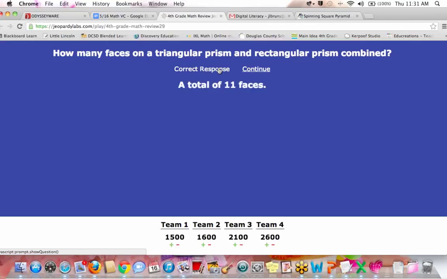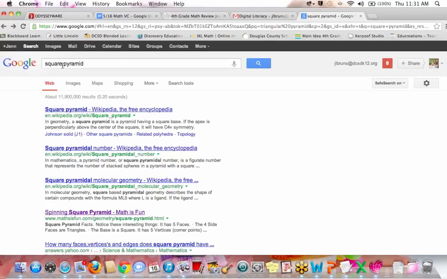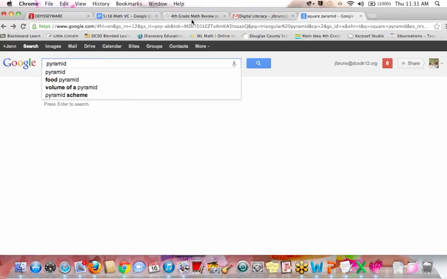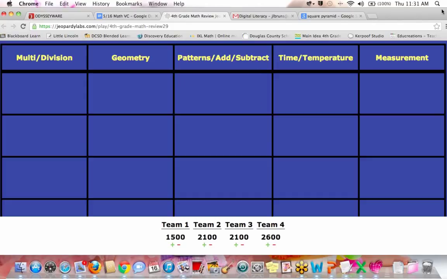And it's telling us there's 11, so maybe on a rectangular prism it's different. Let's look. There are 6 on a rectangular prism. I said 5. You're right. So 6 and 5. Okay, got it. I couldn't keep those straight, but that's all right, Tyler. You did. Those geometry ones, I'm telling you.